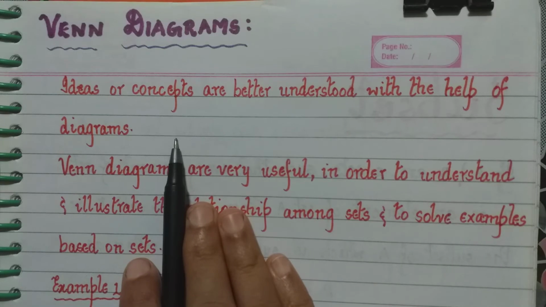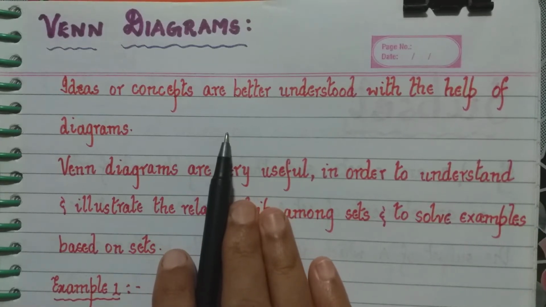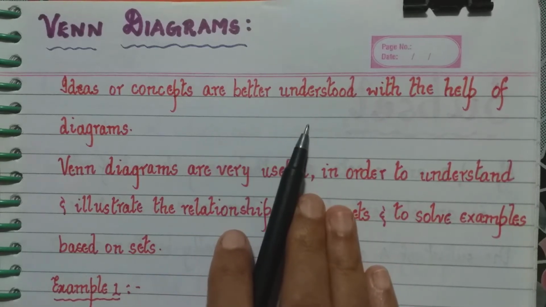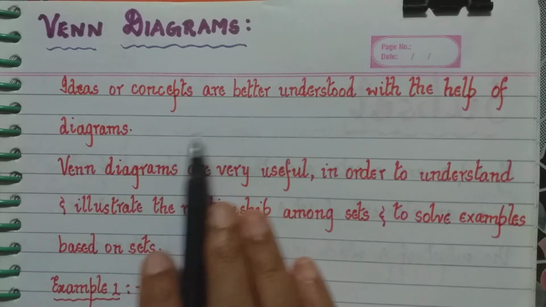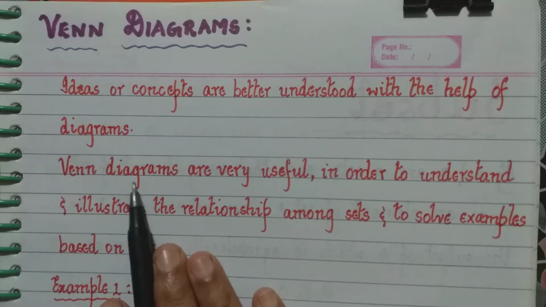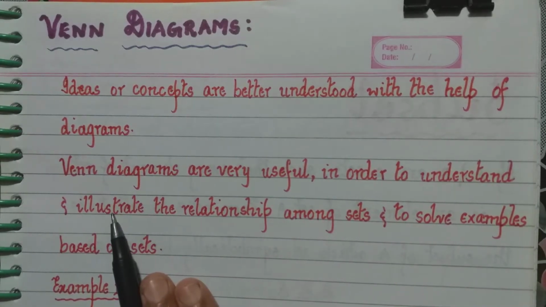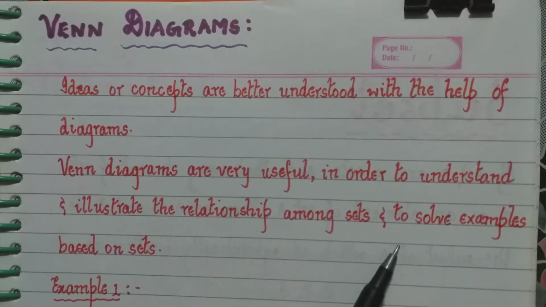You know that whenever we want to understand something, if there is a diagram given, it is understood much more easily than when it is given as written material. So Venn diagrams are very useful in order to understand and illustrate the relationship among sets.